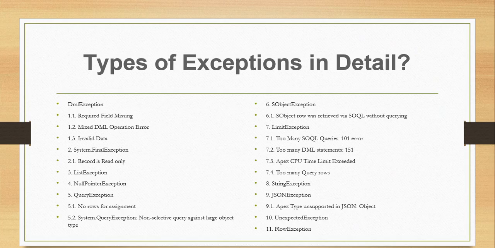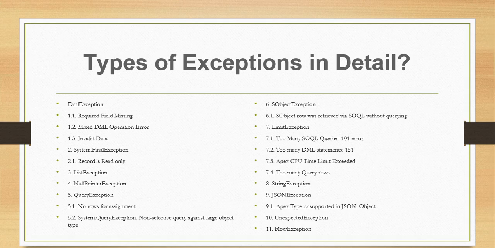Types of exceptions in detail. There are various types of exceptions in Salesforce. First, DML exceptions. A DML exception has three parts: required field missing, mixed DML operation error, and invalid data. System.FinalException has two parts, one being record is read only.